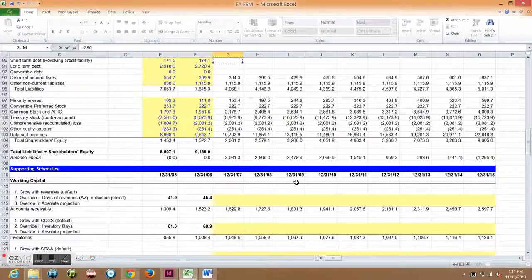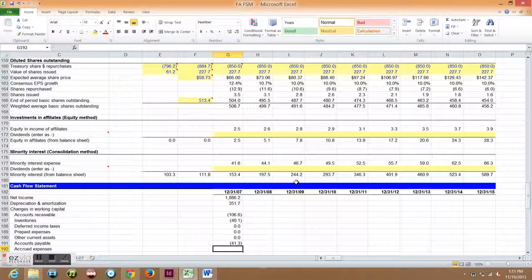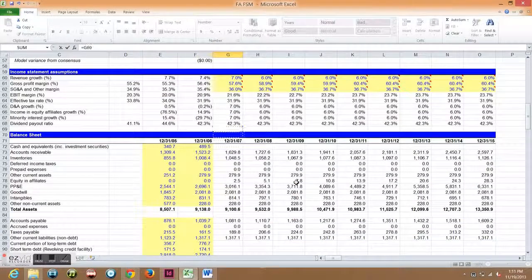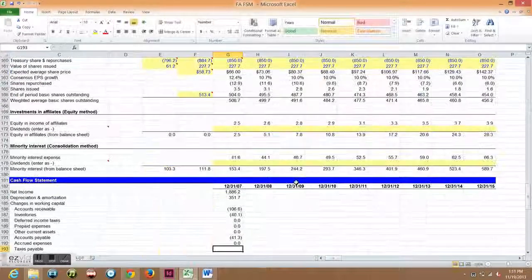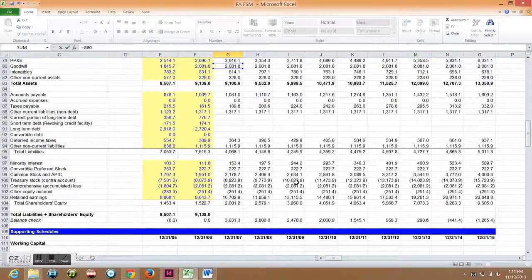Accounts payable. Taxes payable. Actually, I messed up somewhere.